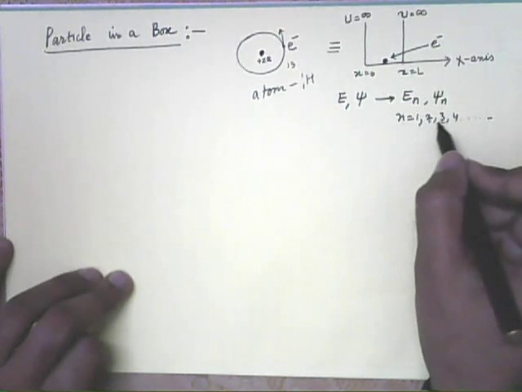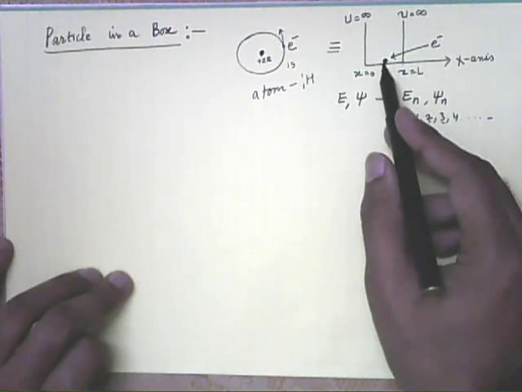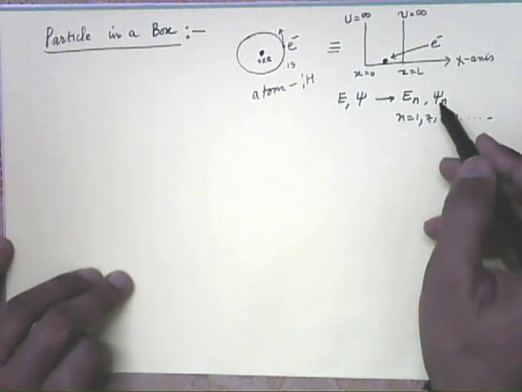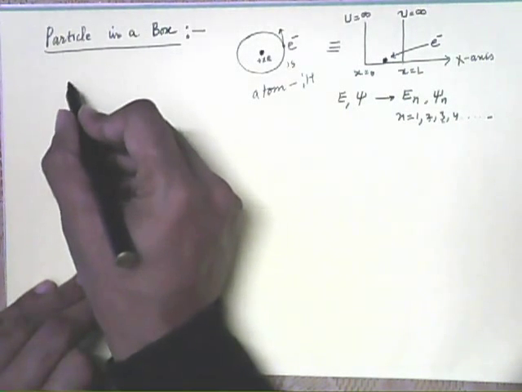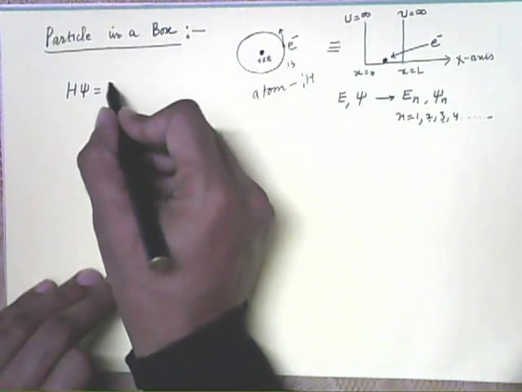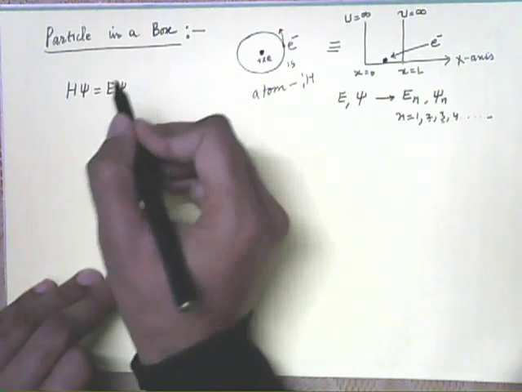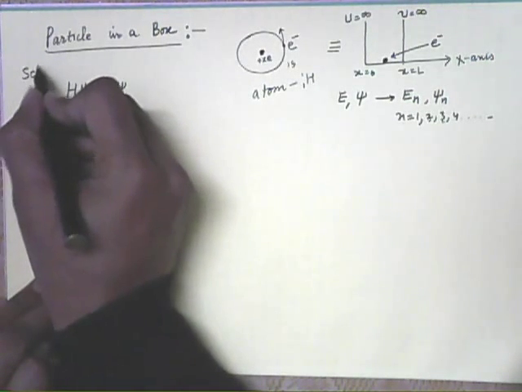So we are finding the eigenvalue of this particle and the wave function with the help of the Schrodinger equation. As we know, the Schrodinger equation is H psi equal to E psi. This is known as the Schrodinger equation.